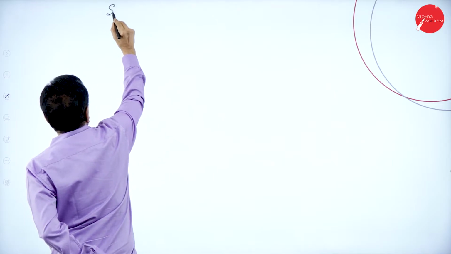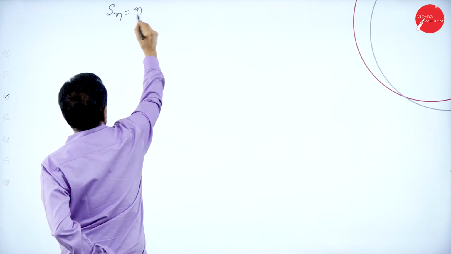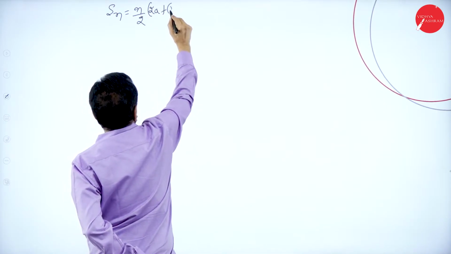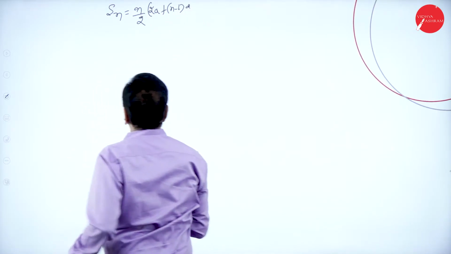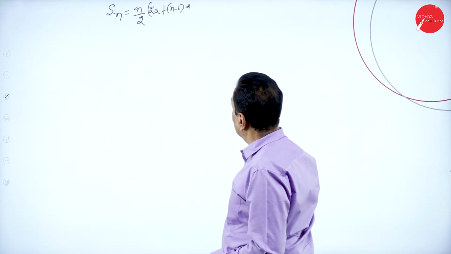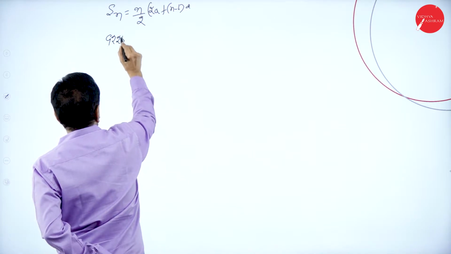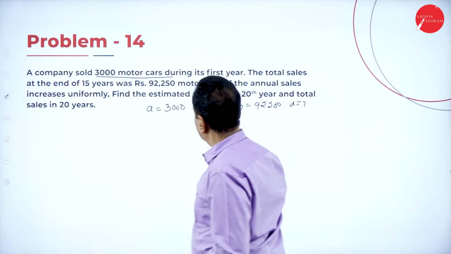Apply. Sn is equal to n by 2 into 2a plus n minus 1 d. What's your summation? 92,250. How many years is he asking?